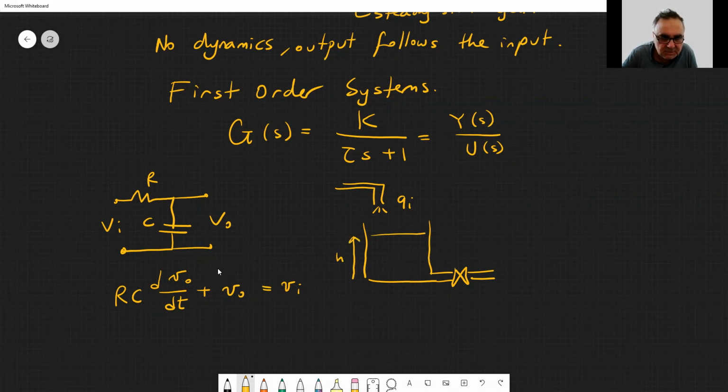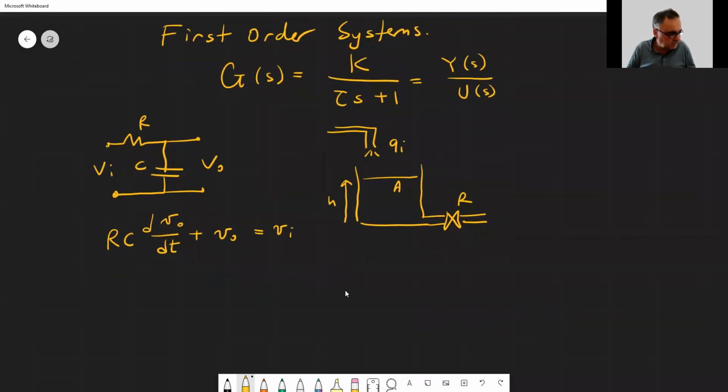This is the H, this is R. It has an area of A. If this is QO, and QO is your output, then you can write the following equation: AR dQO dt plus QO equals QI of t. So it's again a first order differential equation. Okay.